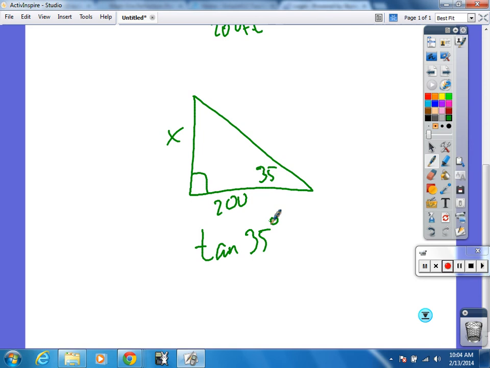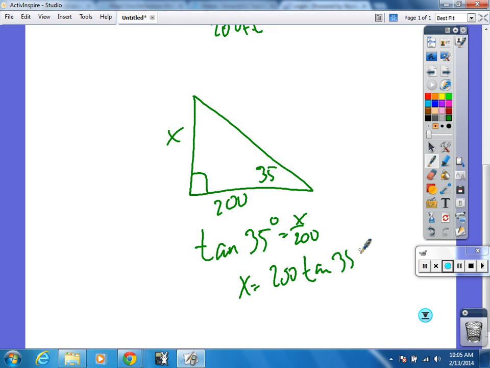Yeah, be aware of that, right? Make sure you're in the correct mode for tangent of 35 equals x over 200. Okay? So we times that over. Now I think everybody can see that. It's pretty simple, correct? Right? So therefore, x equals 200 tangent of 35.